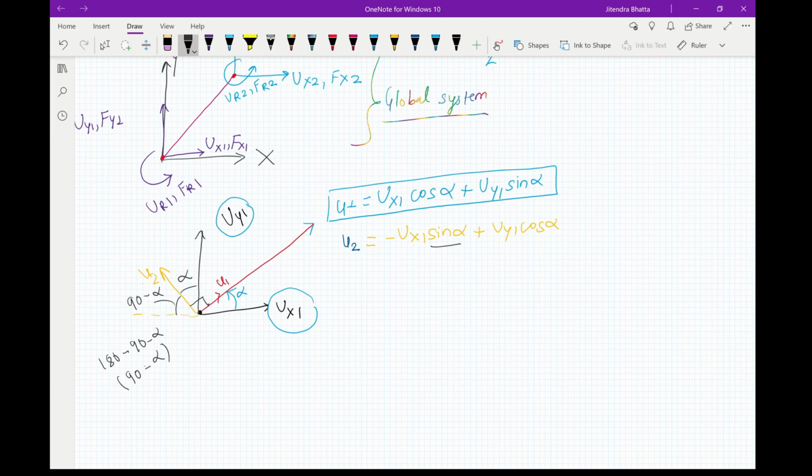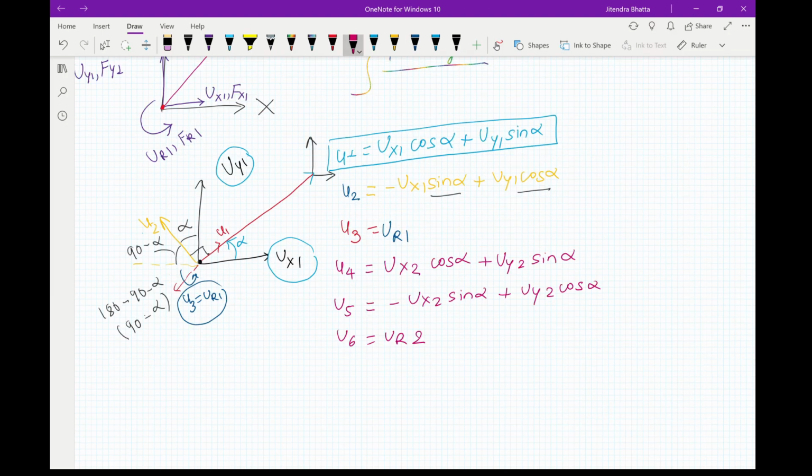And then you get your cos alpha as well. And then you get your u3. Since this is a rotation about the z-axis, and for the global and the local axis, the z-axis is the same, therefore your u3, which is this one, equals Ur1.